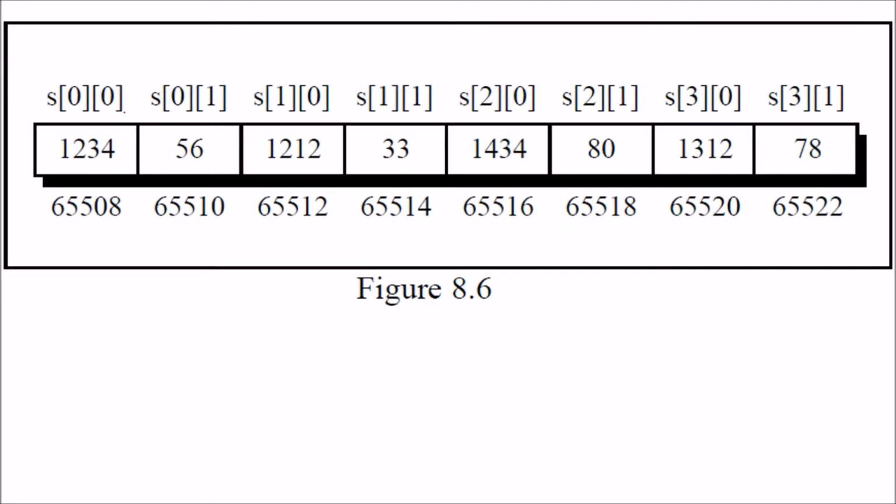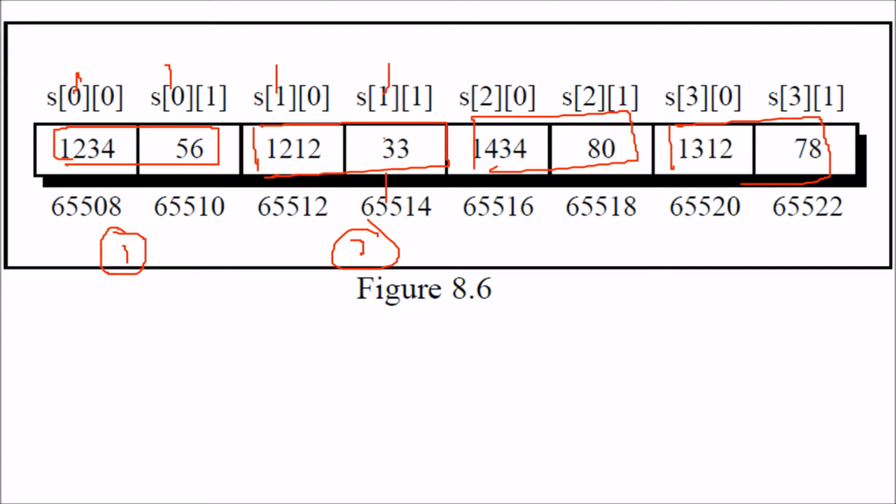Now this is how it is being stored. This is the first row, this is the second row, third row and fourth row. First row, that is why we have 0 here. This second row, that is why we have 1 here. It always goes to n-1 because we are starting with 0.